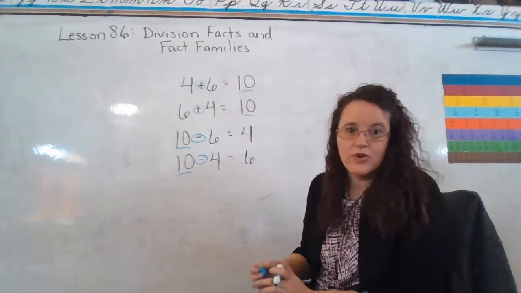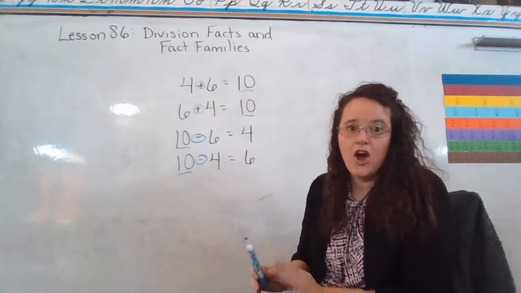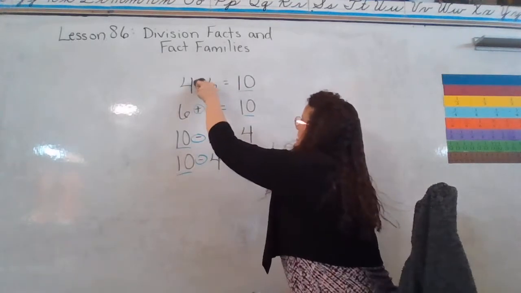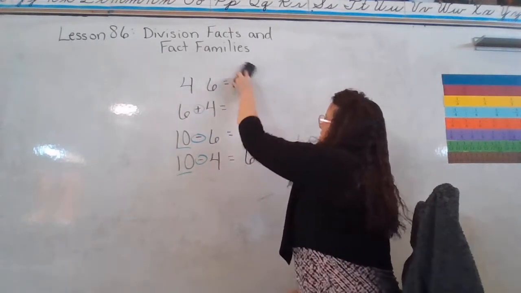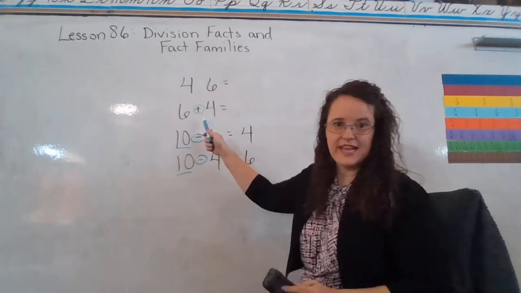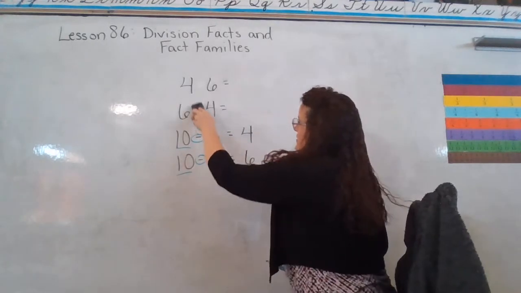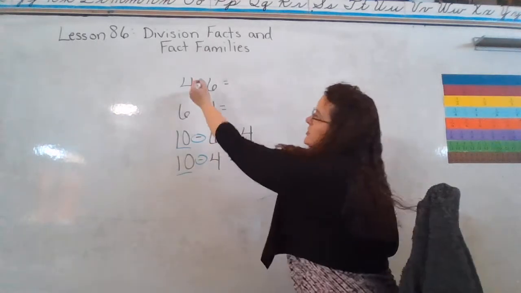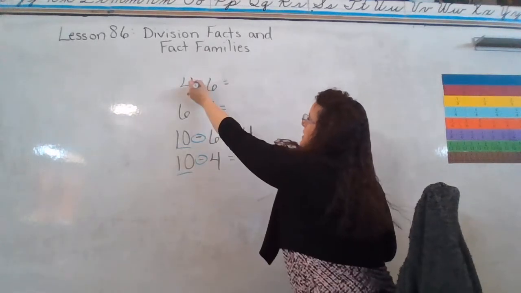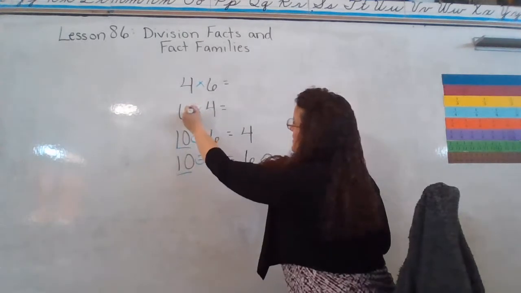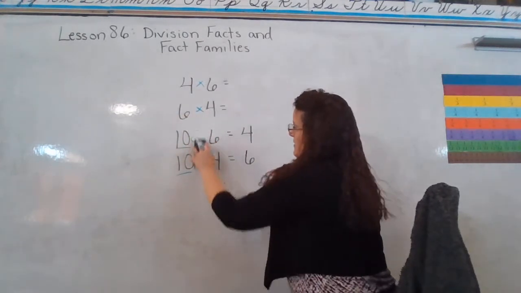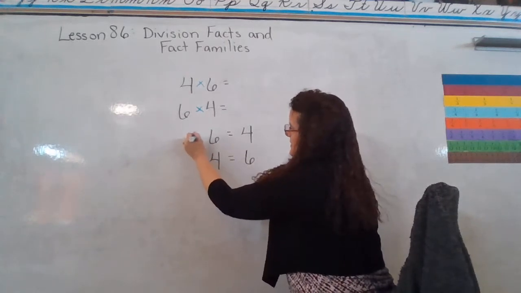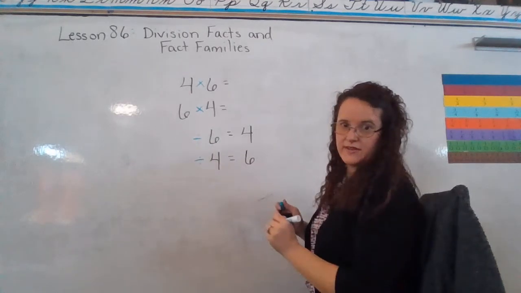I'm going to show you how multiplication and division are the same thing. I'm just going to change my sign, and when I change my sign here, that's going to change the answer. Because we are no longer talking about addition and subtraction, we're talking multiplication, and then down here, division.